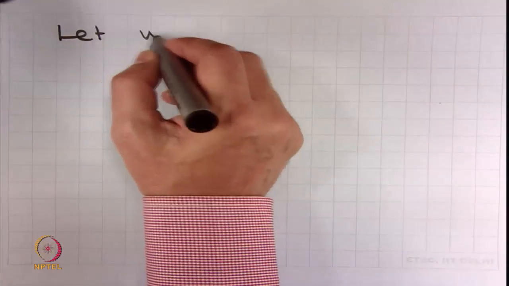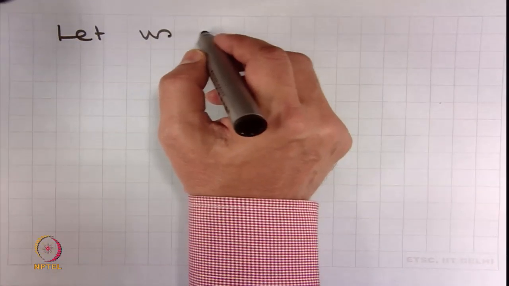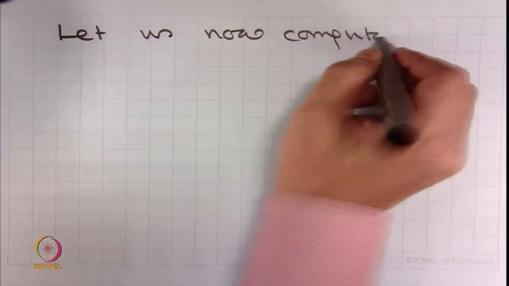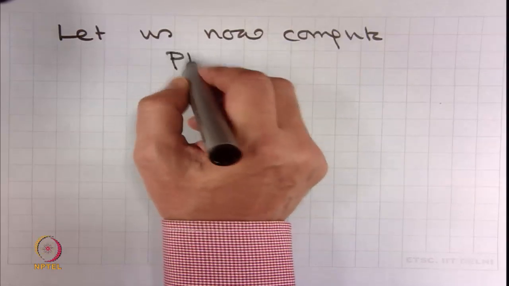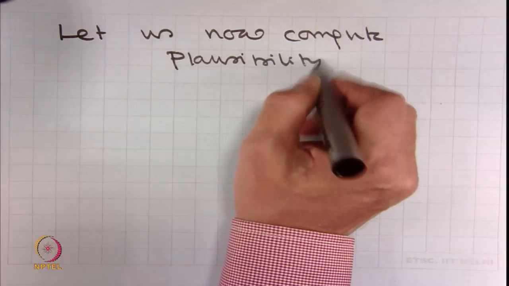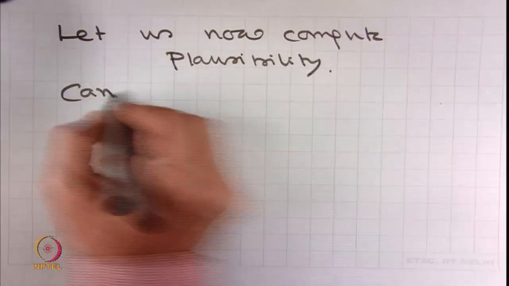Let us now compute plausibility. It can be computed in two different ways.